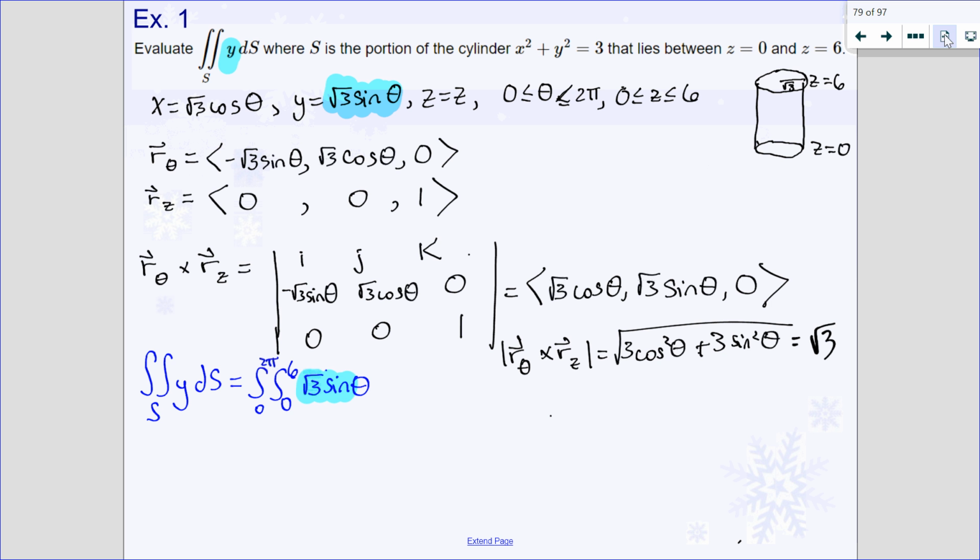And then I need to plug in the magnitude of the cross product, which is radical 3. And then I'll have my variables of integration, so we'll have dz d theta.